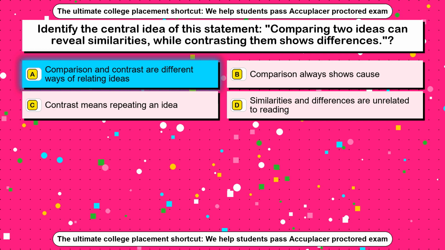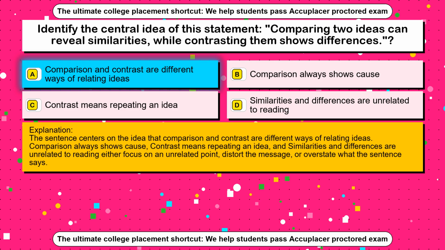The correct answer is option A. Comparison and contrast are different ways of relating ideas. The sentence centers on the idea that comparison and contrast are different ways of relating ideas. Comparison always shows cause, contrast means repeating an idea, and similarities and differences are unrelated to reading, either focus on an unrelated point, distort the message, or overstate what the sentence says.